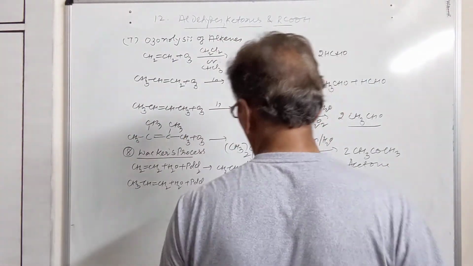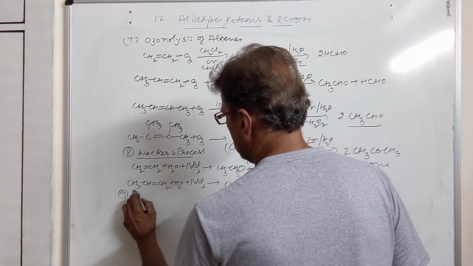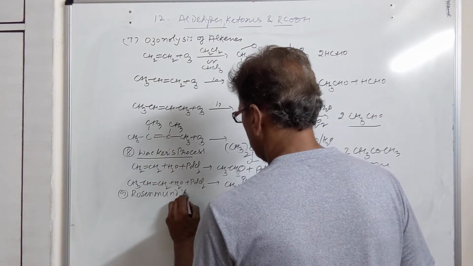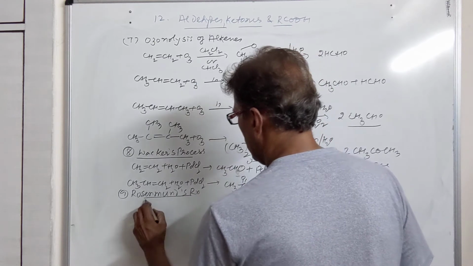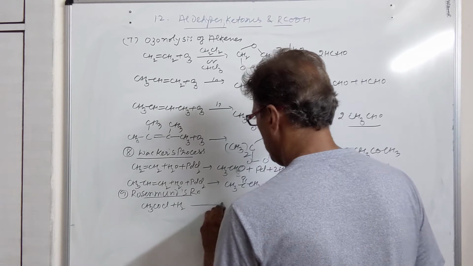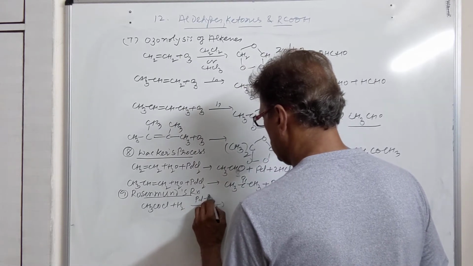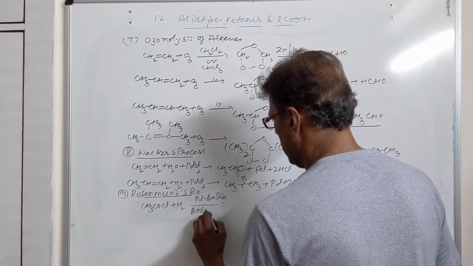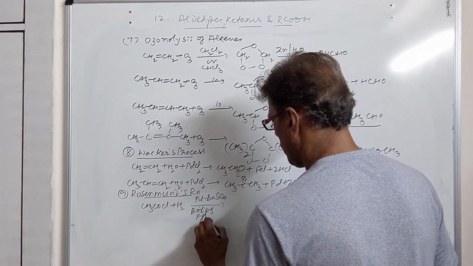It is used for only aldehydes. Rosenmund reaction. Acetyl chloride is treated with H2 in the presence of palladium on barium sulfate. The boiling solvent is xylene.